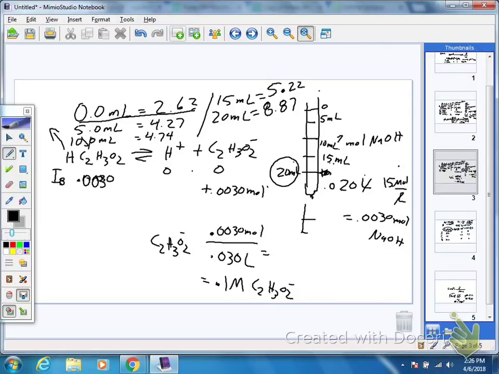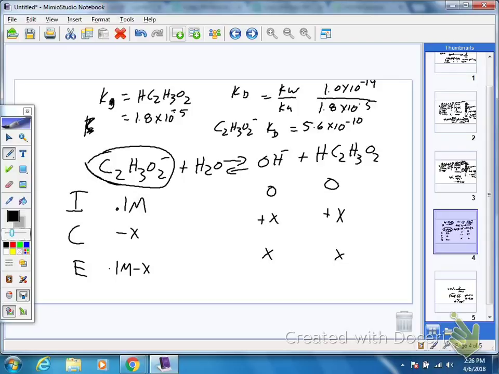And then when we reach the equivalent point, we no longer can use that, and so we'll have to switch our equation around and take the acetate ion, react it with the water that's in there. It's going to have more OHs and H's, and we'll solve for those OHs like we did, solving for X.